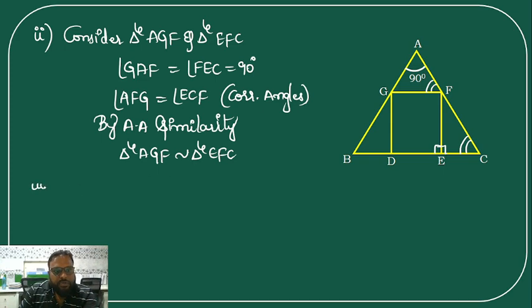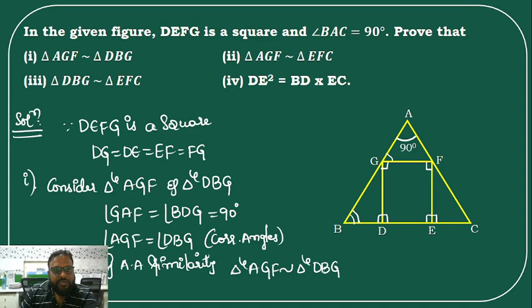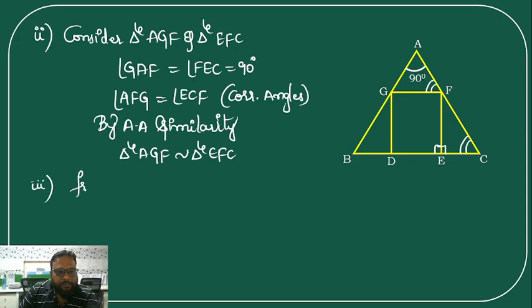Now, if you come to the third case, for proving this, we already have from the first condition that we proved triangle AGF is similar to triangle DBG.